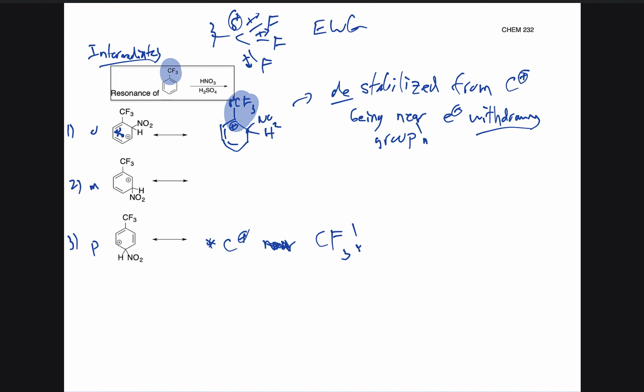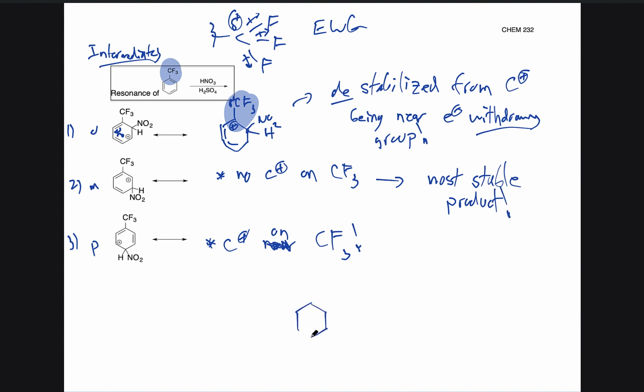That carbocation is on the CF3, right? But the meta position, and I'll leave the resonance structures up to you, there's no positive charge, no carbocation on CF3, making the meta position the most stable product. So in this reaction, if you draw the product, it would look like this.